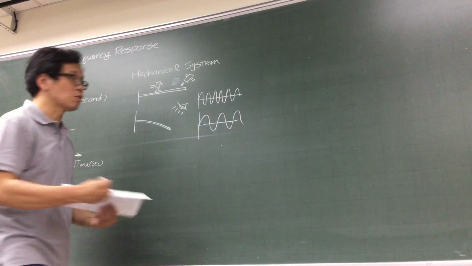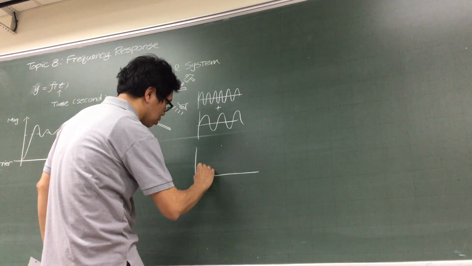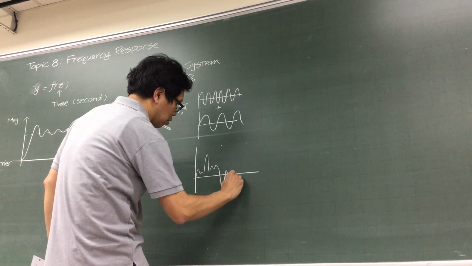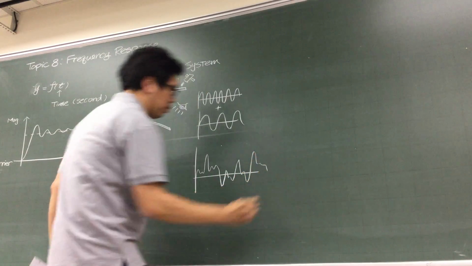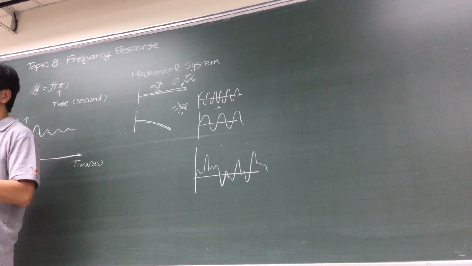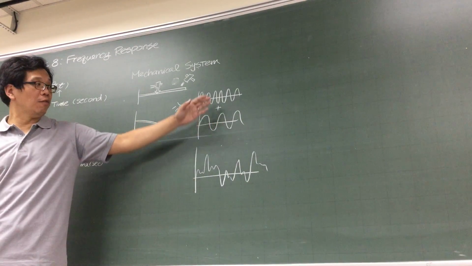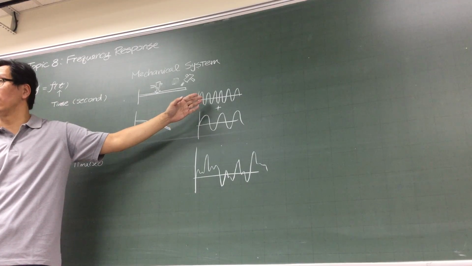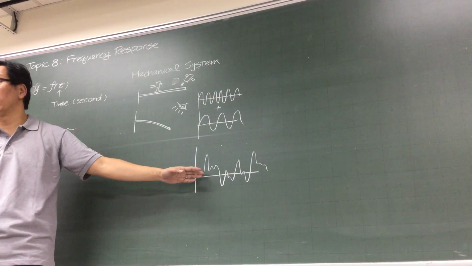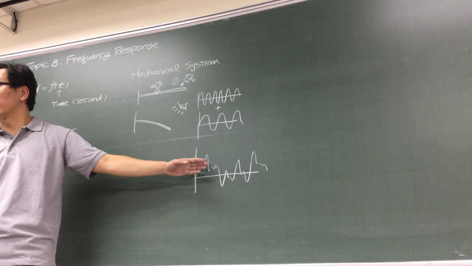Now, if you add these together, what you're going to see is something like this. And we're human beings, we get used to time response. But if we combine multiple frequencies all together, we do not recognize what's going on because this is no longer periodic.